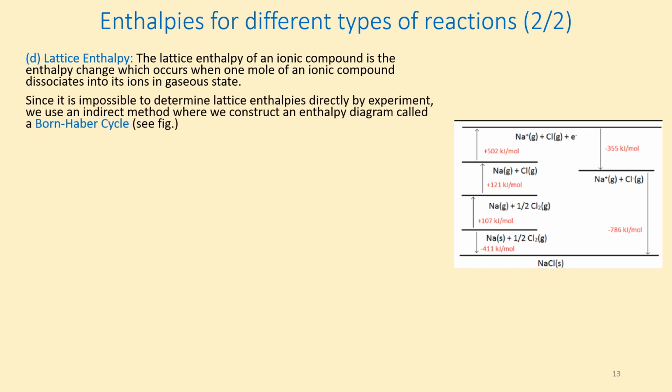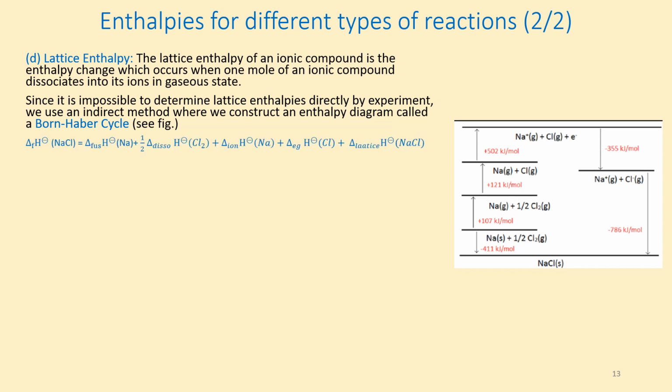Since it is impossible to determine lattice enthalpies directly by experiment, we use an indirect method where we construct an enthalpy diagram called a Born-Haber cycle, which is shown in the figure on the right hand side of your screen. Let us calculate the lattice enthalpy of Na plus Cl minus solid by following the steps given below.